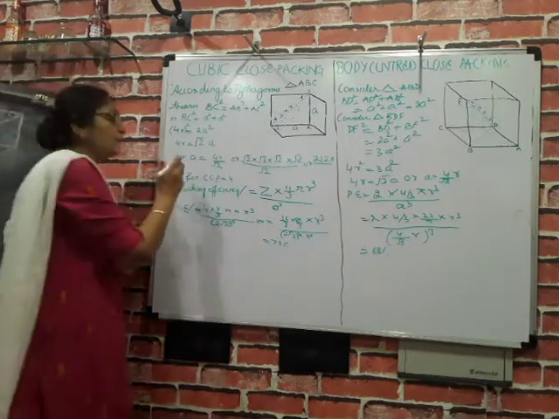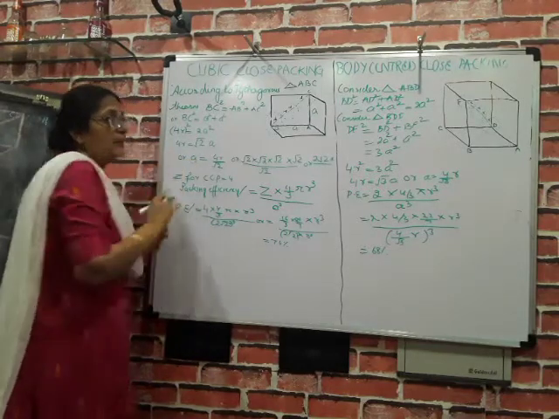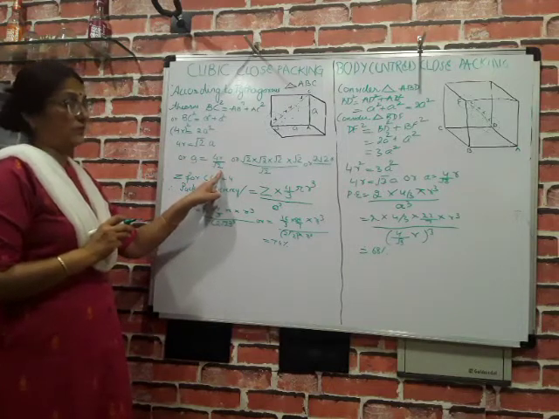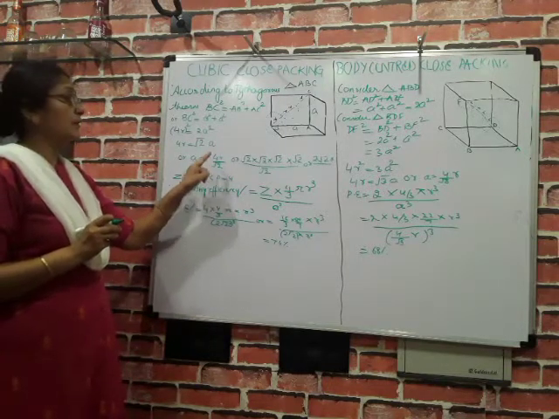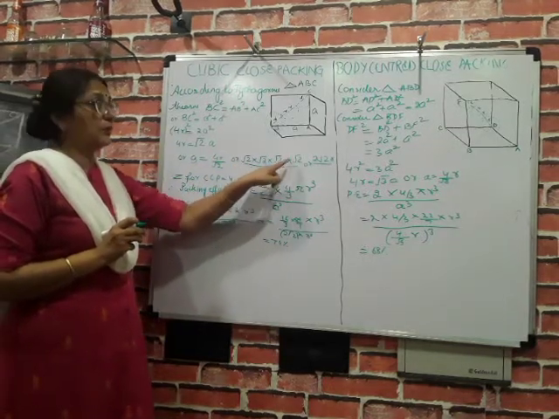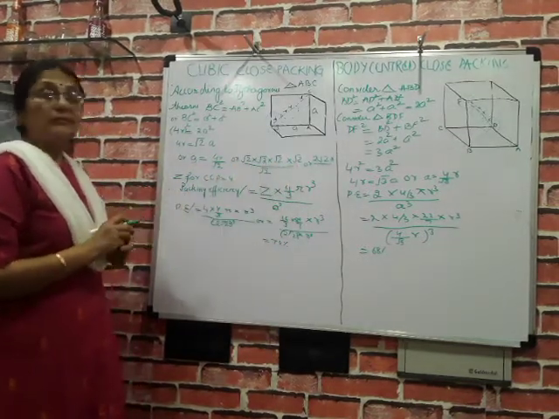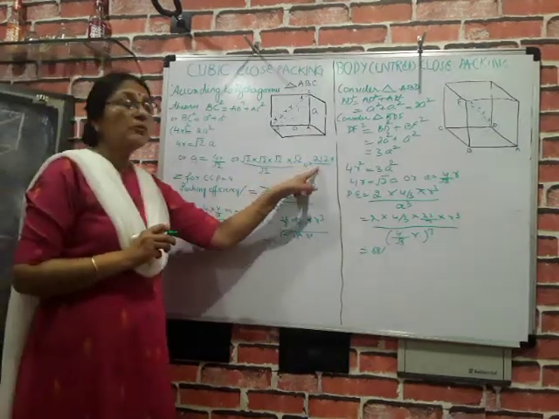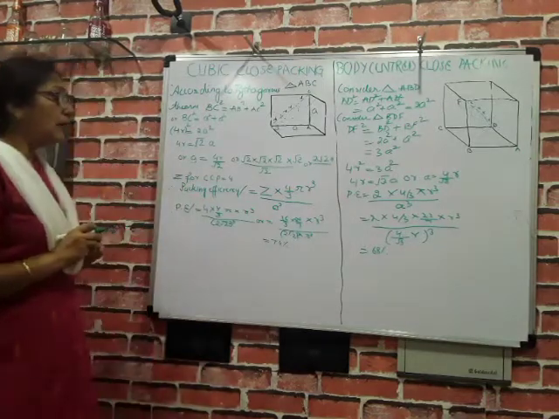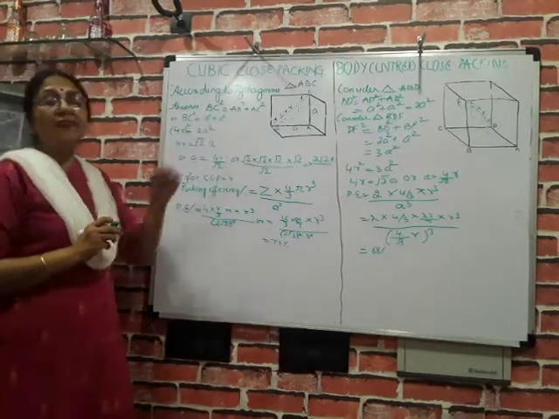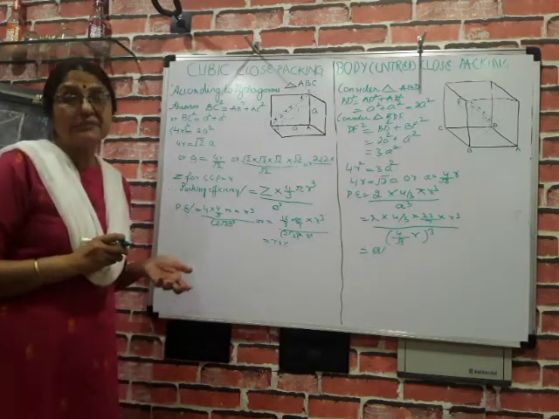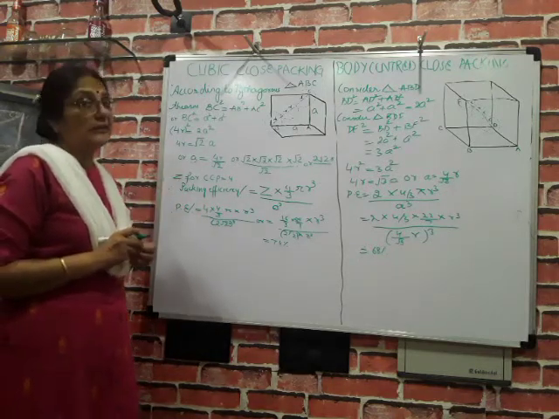Then A is equal to 4R upon root 2. As we know, 4 means root 2 into root 2 into root 2 into root 2, so this will finally be equal to 2 root 2 R. Then for face centered cubic unit cell, the number of atoms present, as we have derived earlier, is 4.